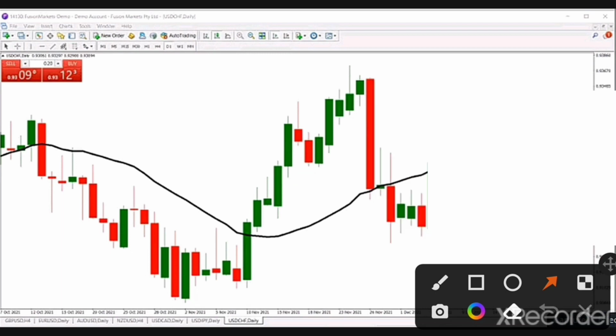Here we are now. Maybe or surely the trader will make a sell position here on the first bullish candlestick, or he will take a position on this bearish candlestick. This is the last candlestick he will see on the chart, which is the bearish candlestick.